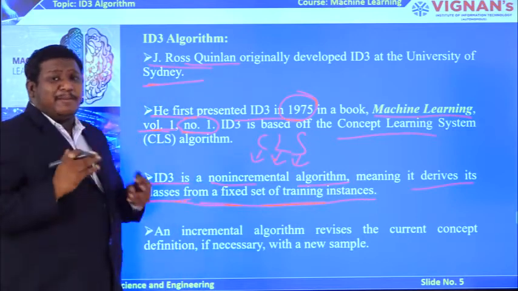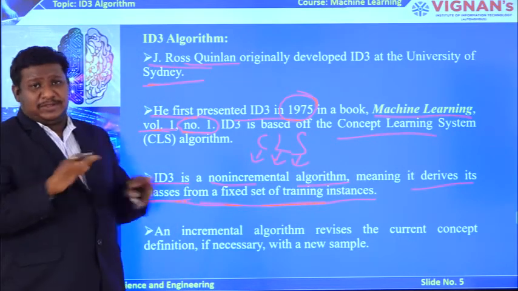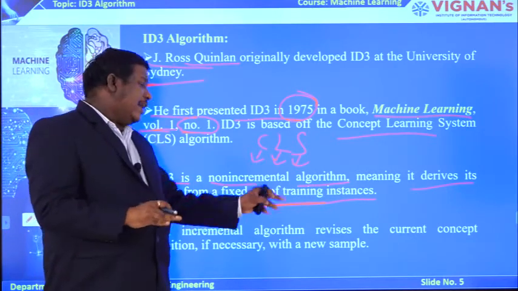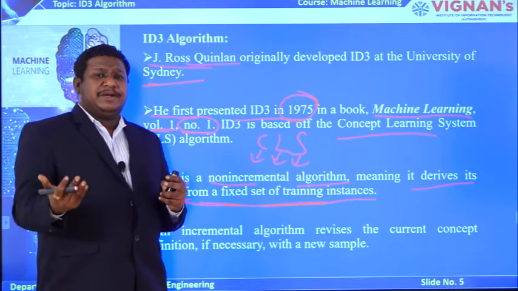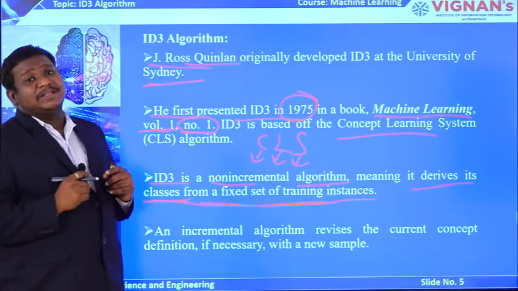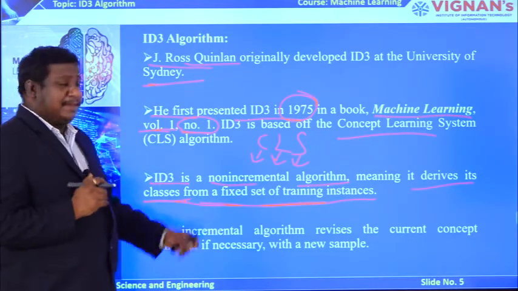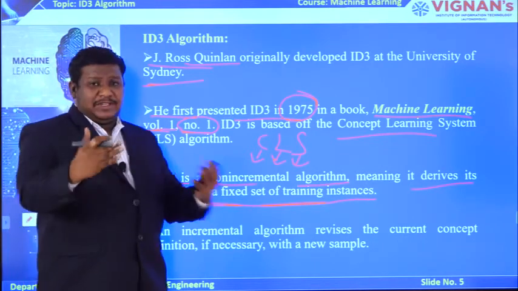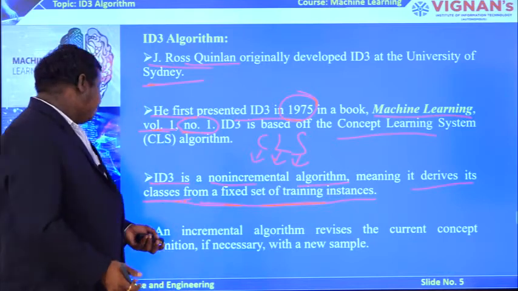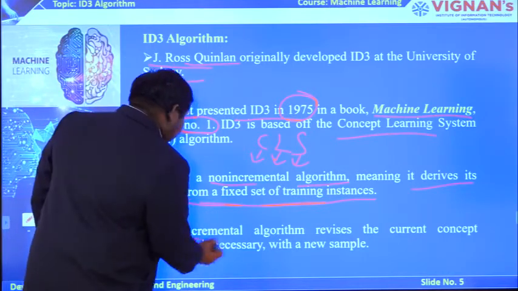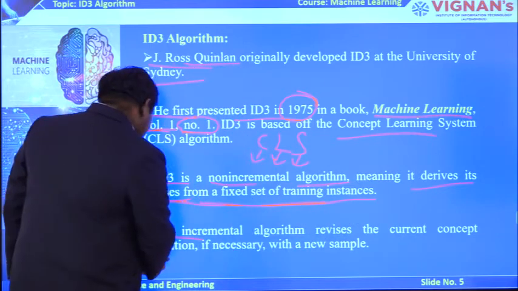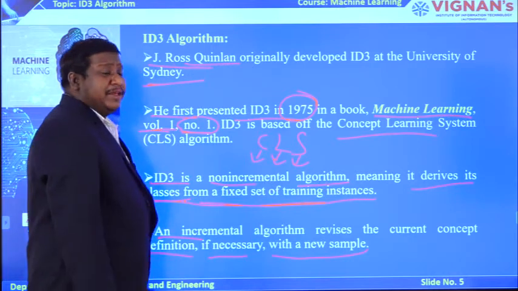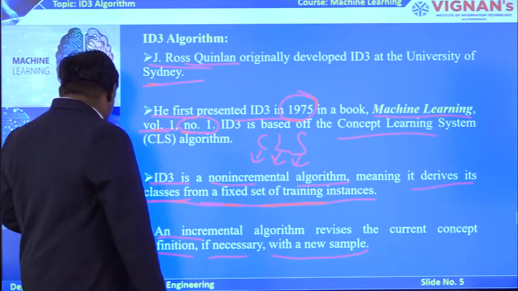That means the number of training instances is already fixed, and there is no change in the training instances once we start the implementation. So ID3 always fixes its training instances for identifying the classes. An incremental algorithm, in contrast, revises the current concept definition if necessary with a new sample. That is the meaning of a non-incremental algorithm.